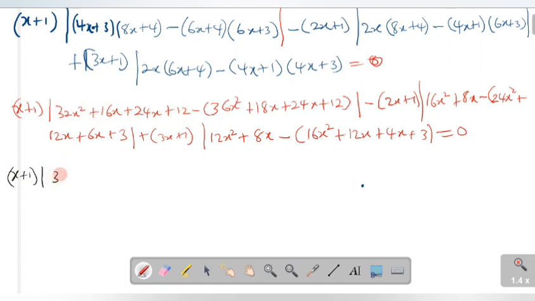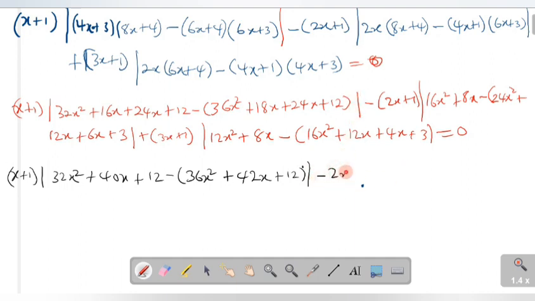That will give you 32x squared, 16x plus 24x is 40x, plus 12, minus, so let's open this bracket, so we have 36x squared, 18x plus 24x, that's 42x plus 12, then close the bracket, close it here.